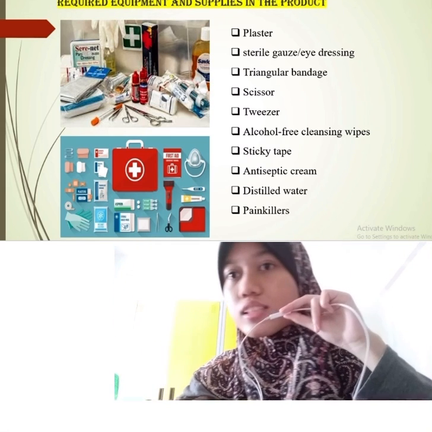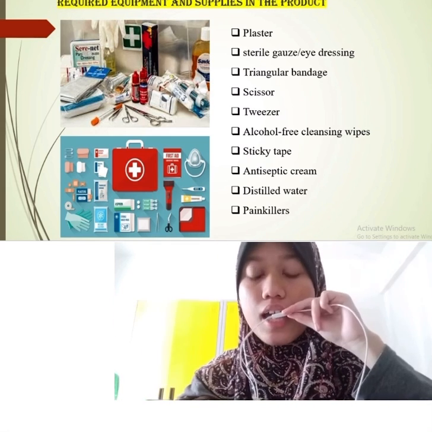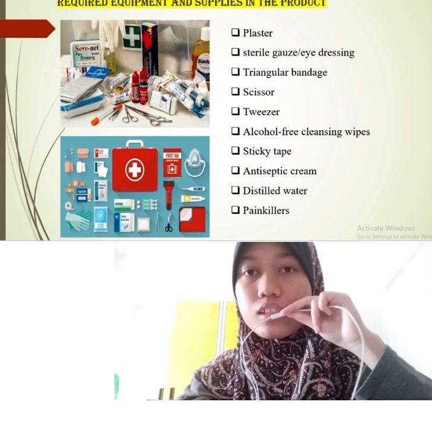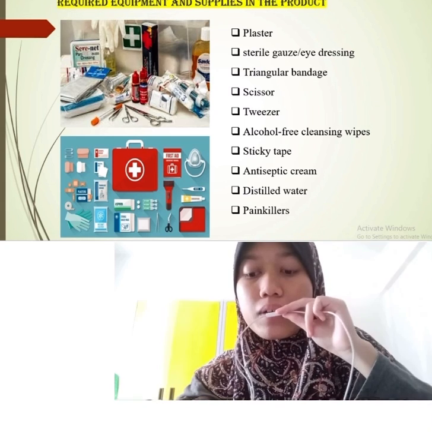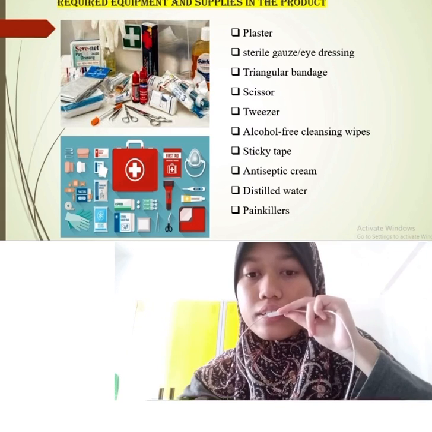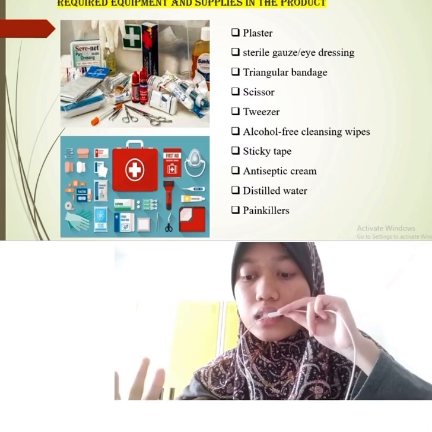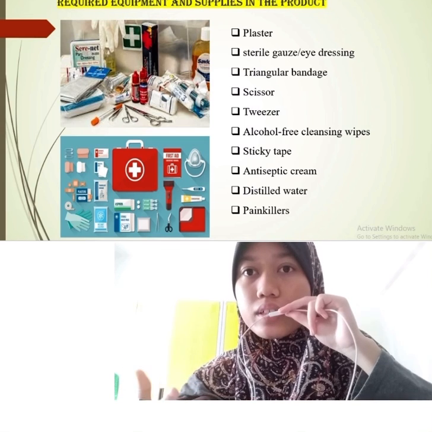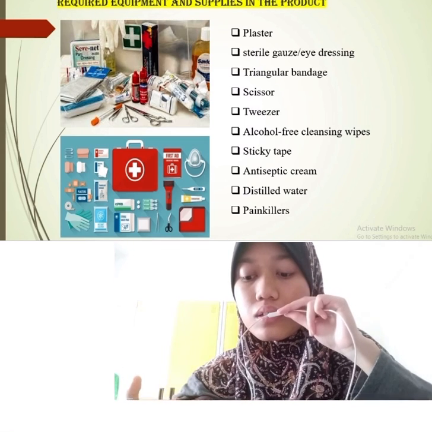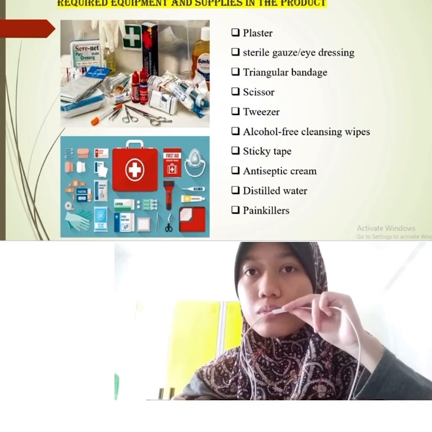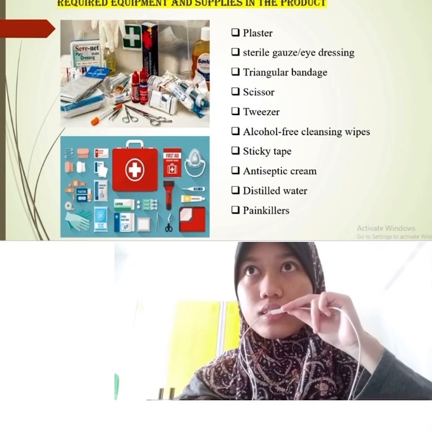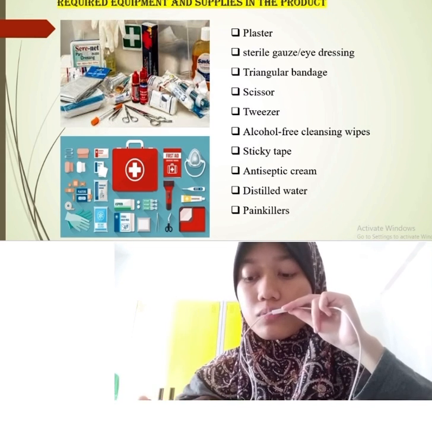Then lastly we got painkiller. Painkiller is used to relieve any bites or stings. There are three types of painkiller, which are cream, spray, and pills. The common pill that I know is paracetamol.